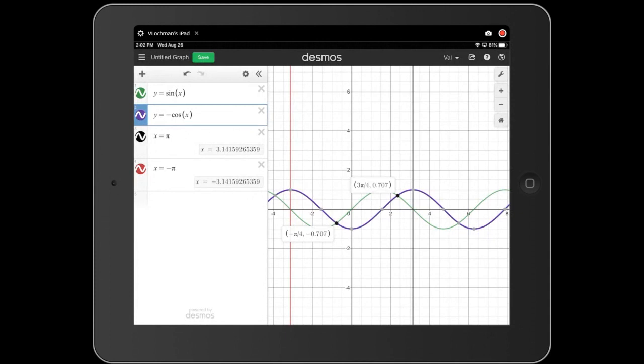Is there one way we can just do it? If we go from negative pi over 4 to 3 pi over 4, isn't it just double of that and we get the whole thing? Do you guys see it? I can't use the cursor on my iPad, but carefully take a look at the pieces that we get.